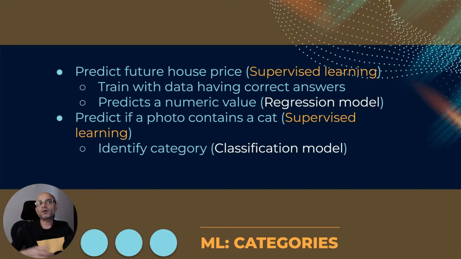Maybe the data will have the location, the size of the house, and how old the house is. And you will also have the market price at that time, like historical data. You will use that data with the correct answers, the price of that house at that time with those characteristics, to train the model.